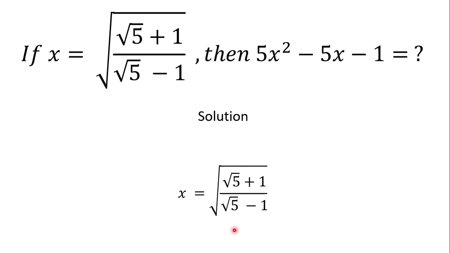All right, now here, what is inside the square root is what we call a surd. Here, this one is a surd. This one is a surd. This one too is a surd. So to work on this one here, we have to apply the idea of surds. Under surds, there is something called rationalization.